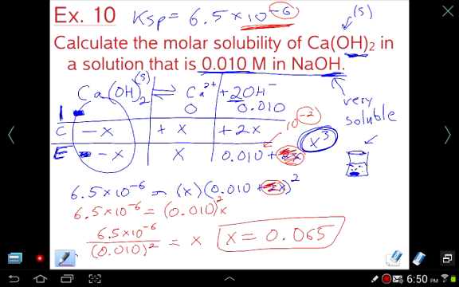So hopefully this little problem made sense. X would be 0.065. What we calculated for here, x, is how much of the calcium hydroxide actually dissolved. So this x is really how much of the calcium hydroxide went into the solution. That's essentially what we have been solving for. So hopefully this one makes sense. We can massage it a little more as we get to class.